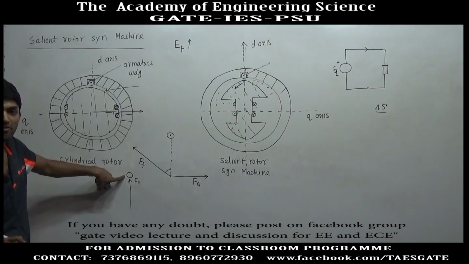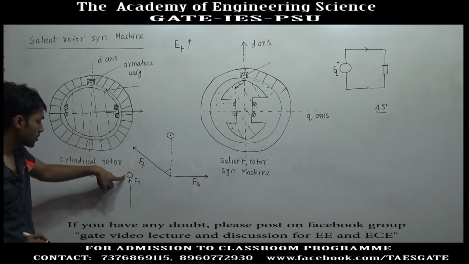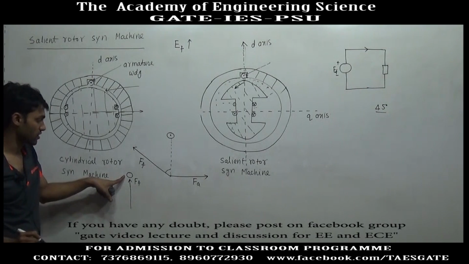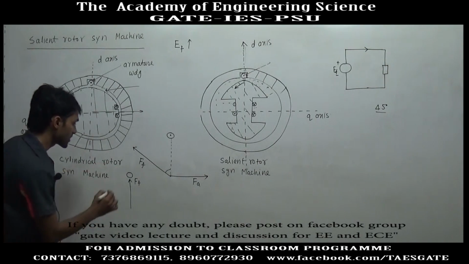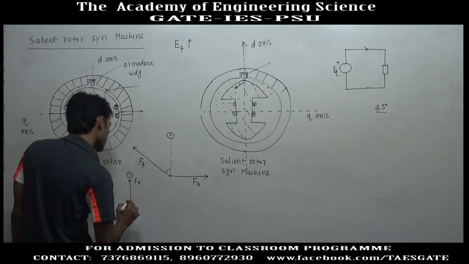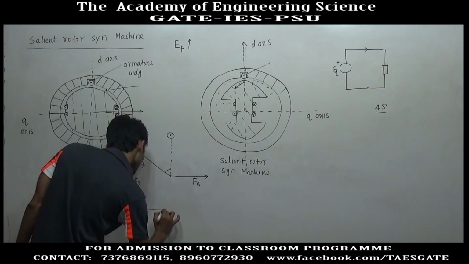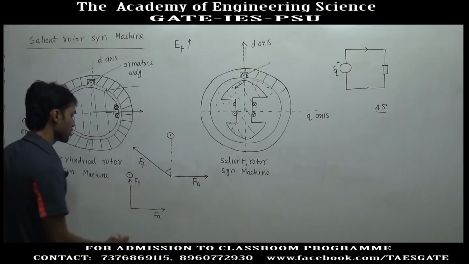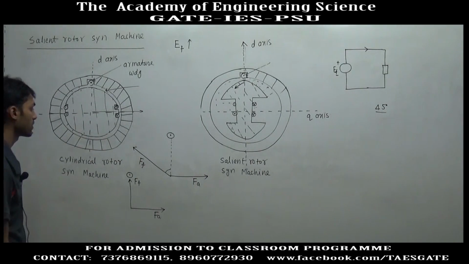Maximum EMF will be generated, and if the load is purely resistive, a unity power factor load, at the same instant maximum current will be induced in this conductor. So, the armature MMF will be in this direction, and the orientation of the two MMFs will be like this.